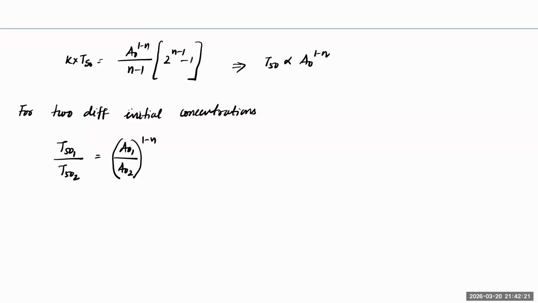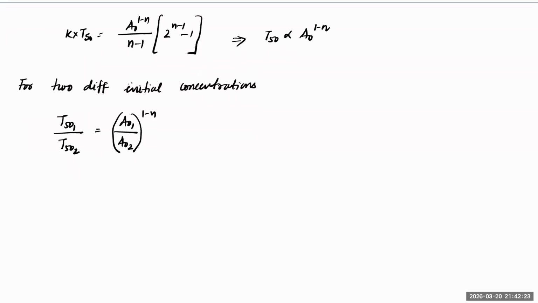Now, we can use this logic to calculate the nth order kinetics. So that implies (A naught 2 by A naught 1) raised to power of n minus 1 is equal to T51 by T52.